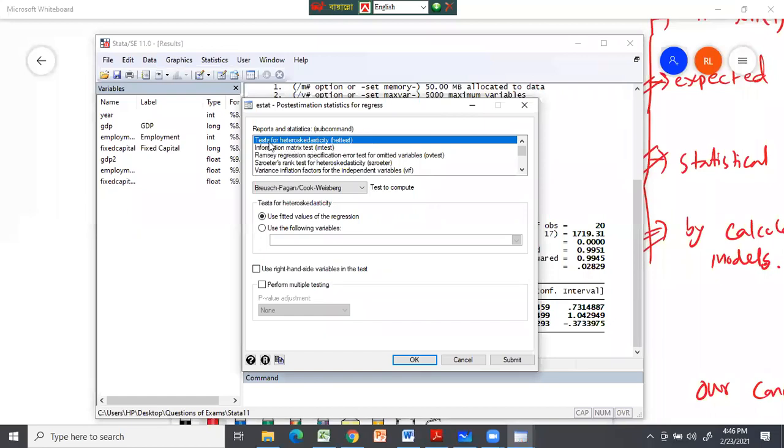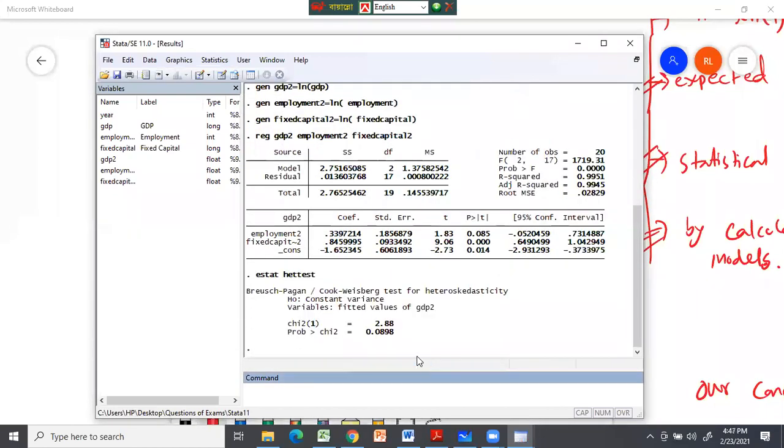First of all, the test for heteroscedasticity is given by default in the first one. So just give OK. Then the chi-square value and p value are given. Your null hypothesis is that the error variance follows the constant variance; heteroscedasticity arises when there is no constant error variance.